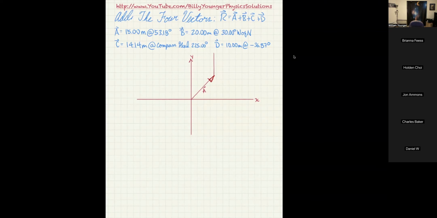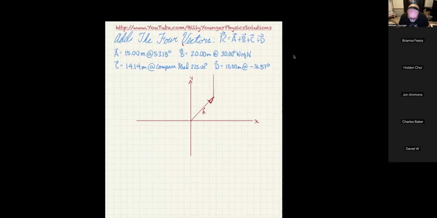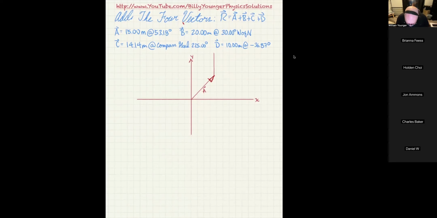Now, since it's 30 degrees west of north, I'm going up to 30 degrees, which would be way up there. Hopefully I don't have to draw it that far, but I can if I want to.